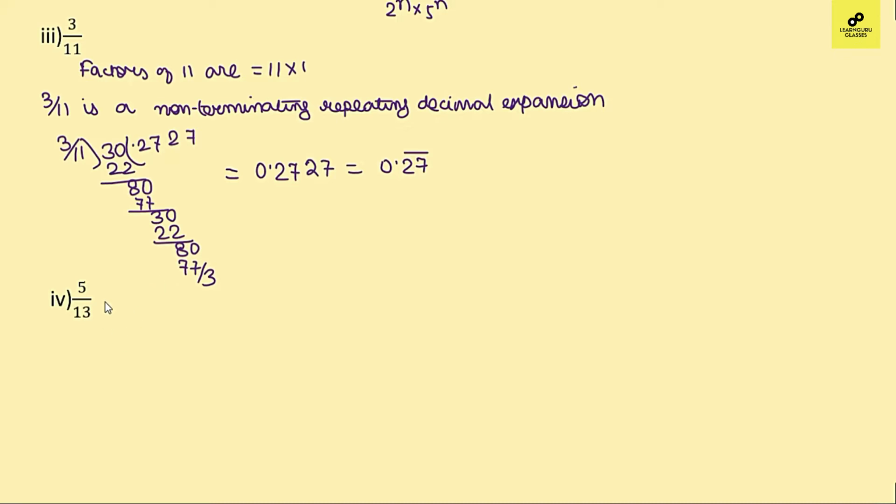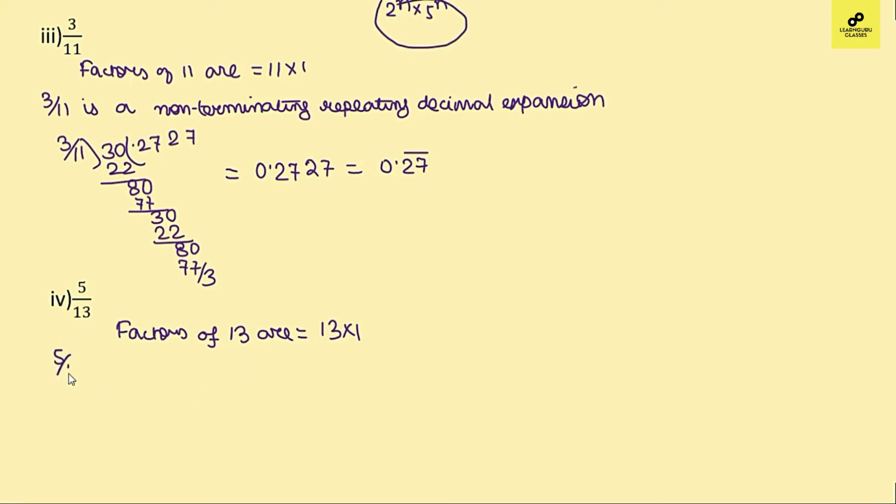Okay. Next is 5 by 13. So factors of 13 are, again 13 is a prime number. So 13 is 13 into 1. So here also the same thing. It is not in the form of 2 to the power of n into 5 to the power of n.